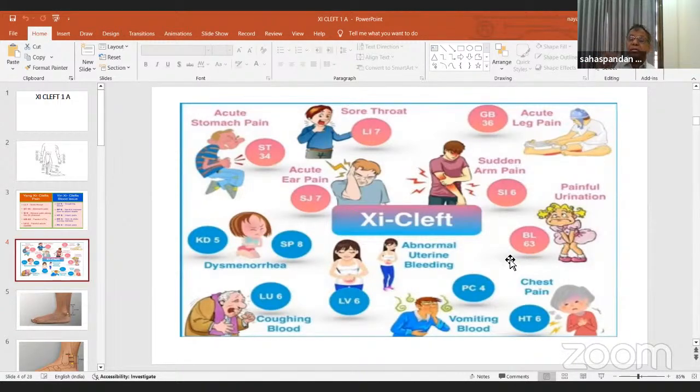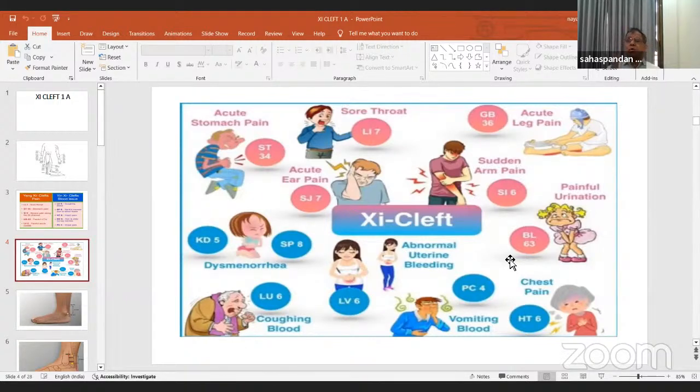So these are bladder 59 for the yang stepping vessels, and kidney 8 for the yin stepping vessels. Bladder 59 for yang stepping vessels and kidney 8 for yin stepping vessels.